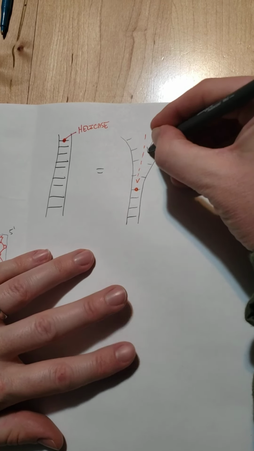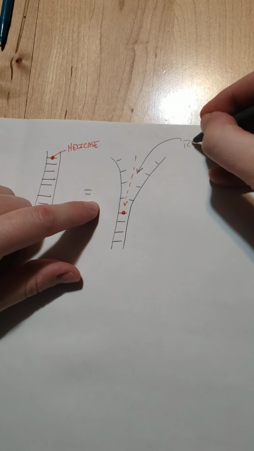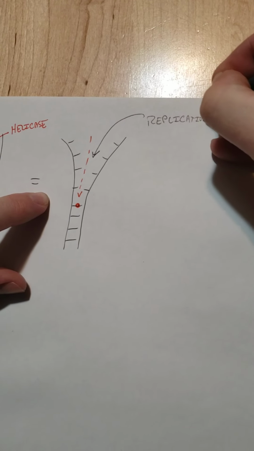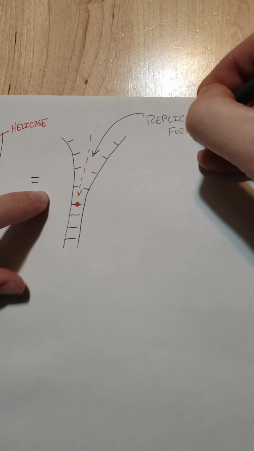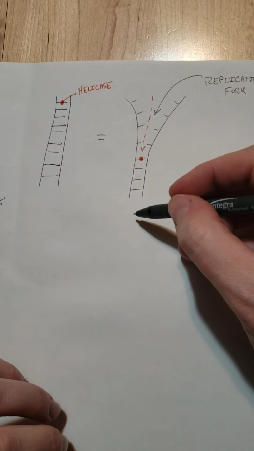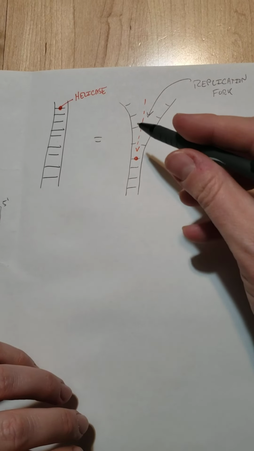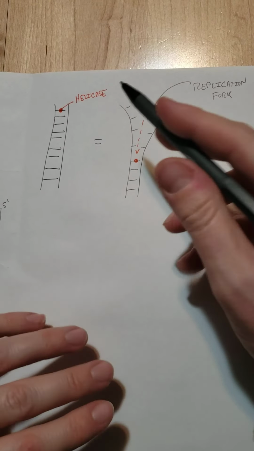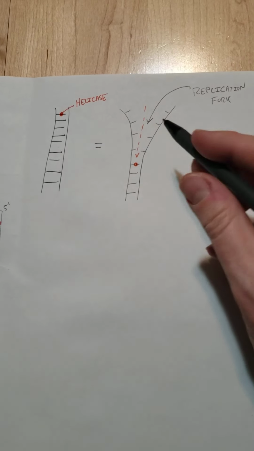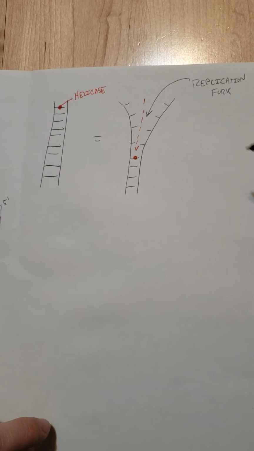This division, it looks like a little fork in a road, like the road's going and then it splits, is creatively called the replication fork. Like I said, very creative. And that helicase will do that the entire length of the DNA molecule, which is going to be tens of thousands of complementary base pairs, all the way from the top to the bottom. So that's the role of the helicase, to break those complementary bases apart by breaking those hydrogen bonds.